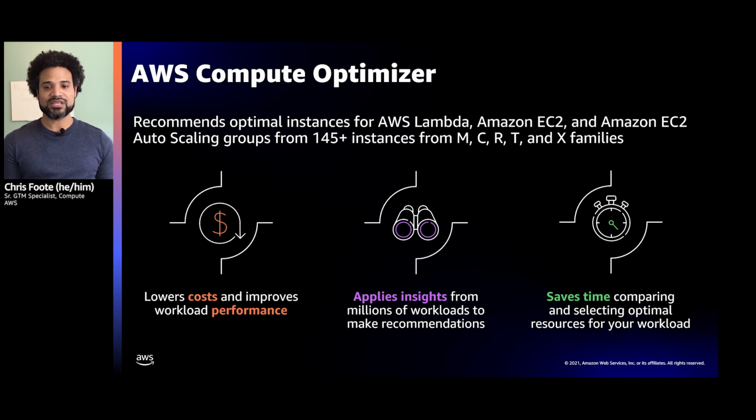And this actually lowers the cost and improves workload performance. The Compute Optimizer leverages machine learning models trained across millions of workloads, and is looking at different items such as resource utilization, the configuration and performance data of a workload, and helps customers optimize these resources.